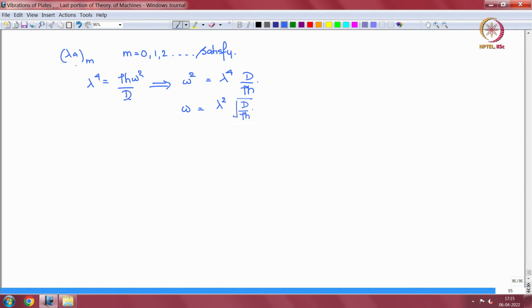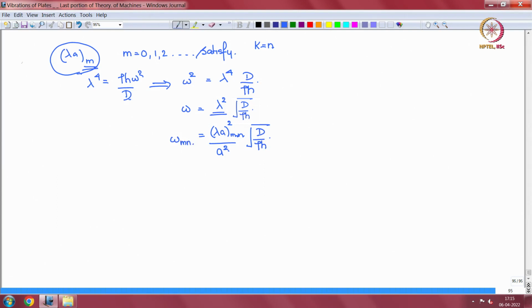Then if lambda a are paired together and I get the m values, this can be written as lambda a m, and already there is an n index because k has taken integer values, so we will put an n index also, that squared by a squared, because we have only lambda square here, square root of D by rho h, and so this becomes omega mn.